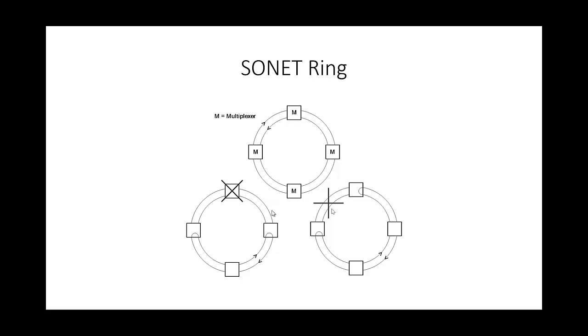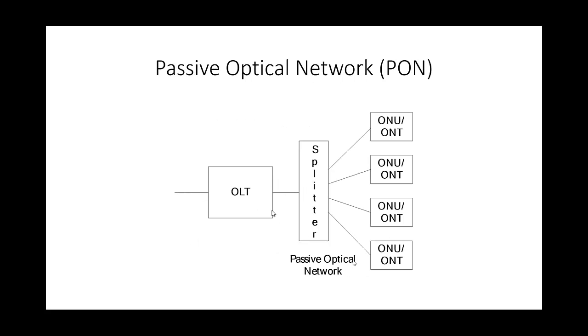So let's talk about the passive optical network, or PON. Delivering point-to-point optical connections to a number of locations can be expensive. One alternative is to use point-to-multipoint architecture, as shown on the screen now. An optical line terminal, or OLT, connects a service provider's passive optical network to the rest of its network.